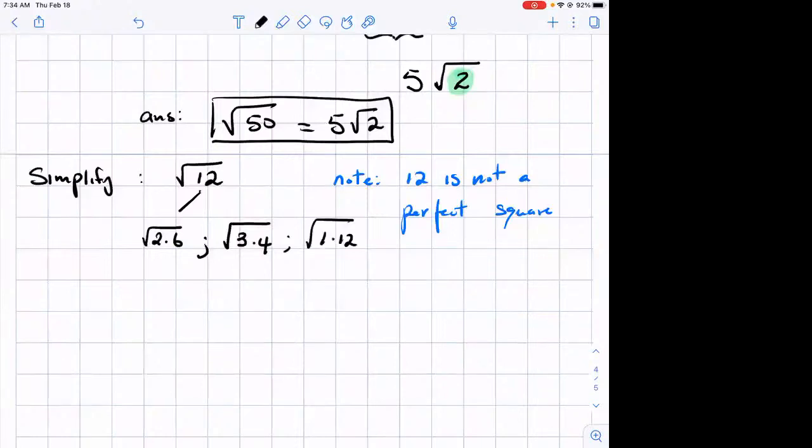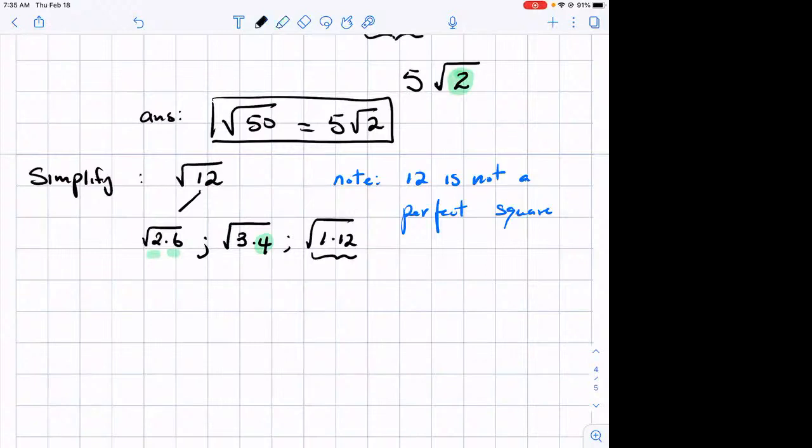This is an option that you should not really take for any simplification. But if you notice here, 4 is a perfect square. In the other scenario, none of these numbers are perfect squares.